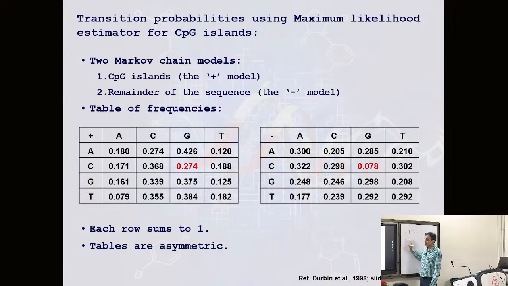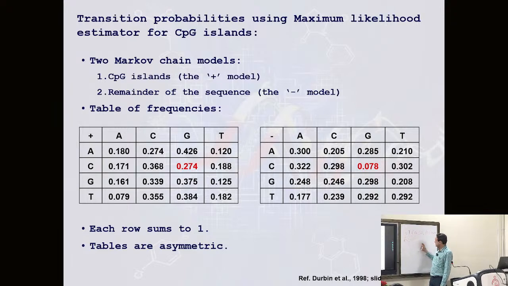For that you are going to use which model, plus or minus? Plus. Probability of this sequence to be CpG island, so you will use the plus model. First let us write the probability of this sequence using Markov chain model of order 1. Tell me what I should write here.